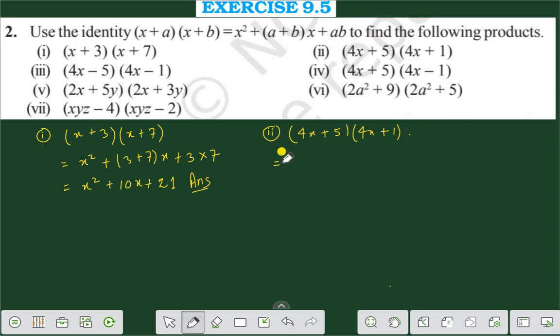So we are getting (4x)², that is, x to the power 2, 4x whole square, plus (a + b)x, that is (5 + 1)x, plus ab, that is 5 into 1.